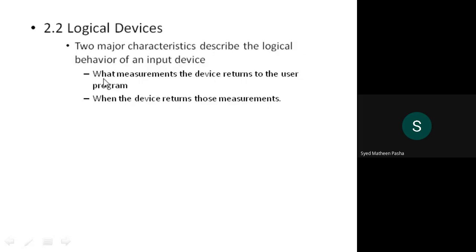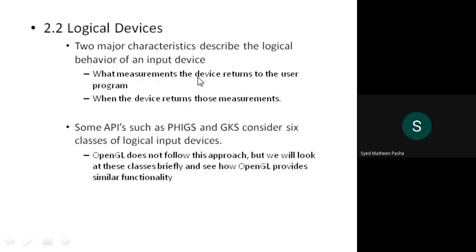One is the measurements the device returns to the user program, and the other is when the device returns those measurements to the program. Some of the characteristics of logical devices depend on the measurements of the devices as well as the return of that particular measurement.